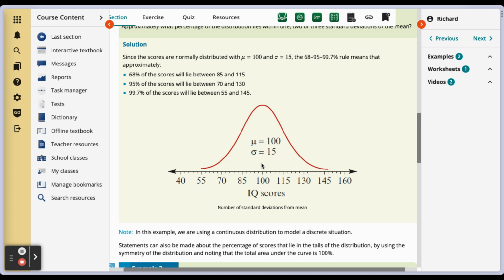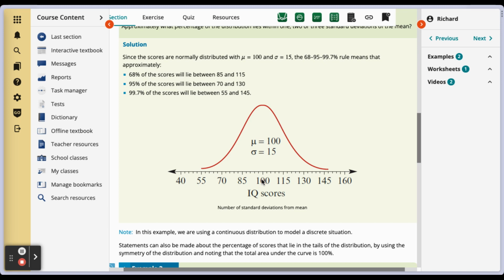And so we can see here it says 68% of the scores will lie between 85 and 115. So you can see there's 100 here. If I go 1 standard deviation down, I'd subtract 15. That gets me to 85. If I go 1 standard deviation above the mean, that'd be 100 plus 15, that's 115. And so 68% would lie between 85 and 115. If I go 2 standard deviations down, that would be minus and plus 30.